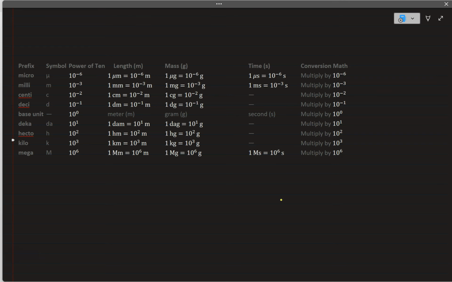Let's make it a little bit easier and start with the kilo. So 1 kilometer, kilo is 1000 and meter is meter. So 1 kilometer is 1000 meters. How do we do that?